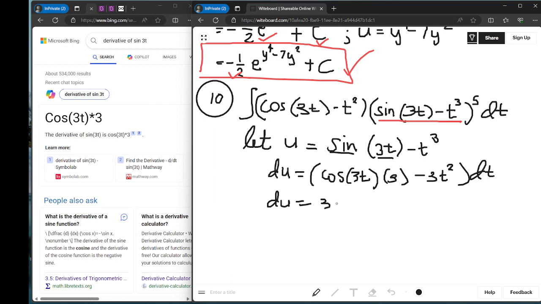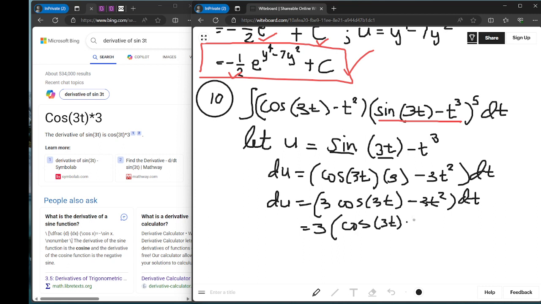So this will become 3 cosine of 3t minus 3t squared dt. We can factor out 3, so this will become 3 times cosine of 3t minus t squared. Right?